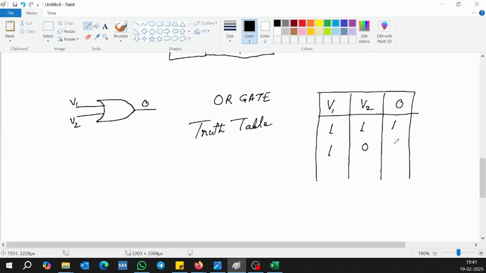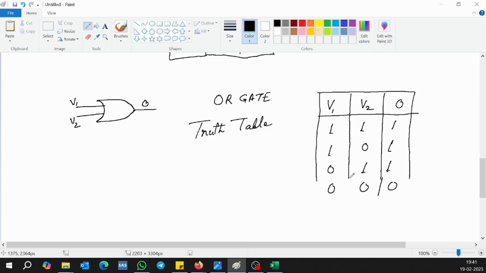In case of OR gate, the name itself implies V1 or V2 is 1 means output is 1. V1 or V2, anyone is 1 means output is 1. And when both are 0, then the output is 0. This is the OR gate.